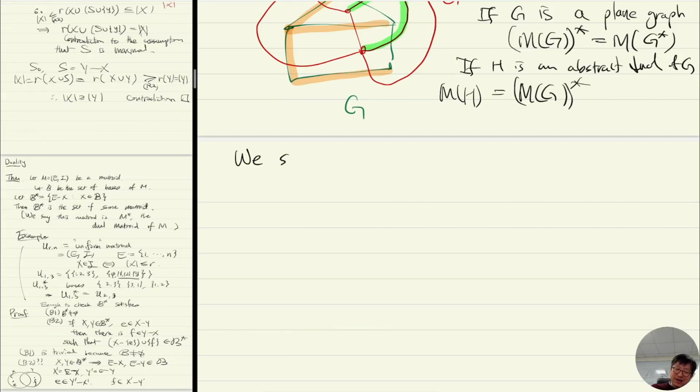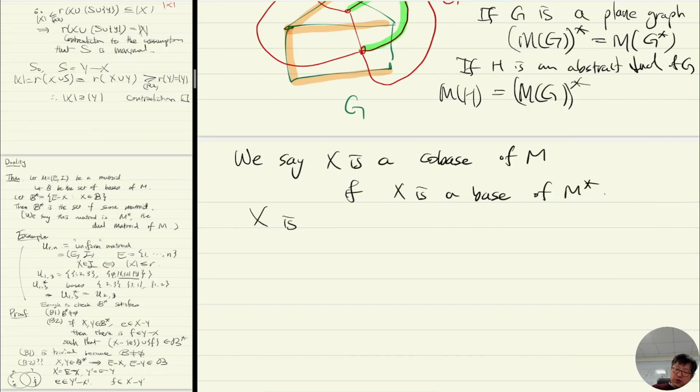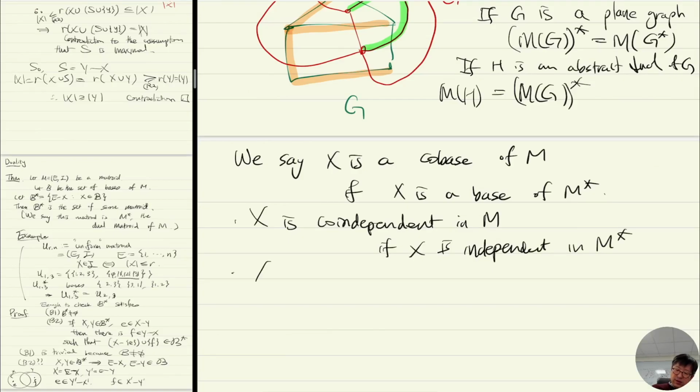We say X is a cobase of M if X is a base of its dual, X is co-independent in M if X is independent in the dual, X is a co-circuit of M if X is a circuit of the dual.